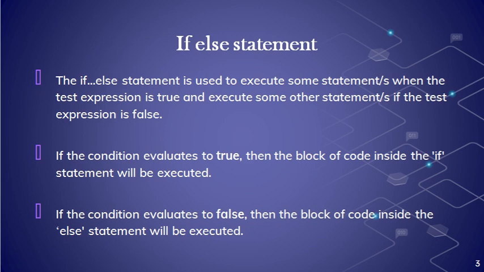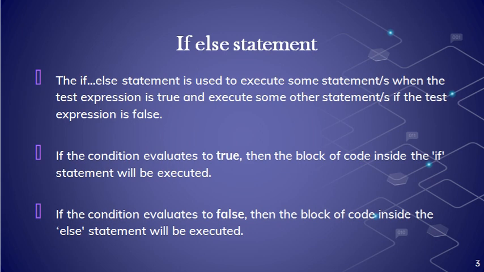If the condition evaluates to false, then the block of code inside the else statement will be executed. So see the difference. If the condition evaluates to true, then the set of statements inside the if block will be executed, and if the condition evaluates to false, then the set of statements in the else block will be executed. That is the difference between if and if else.